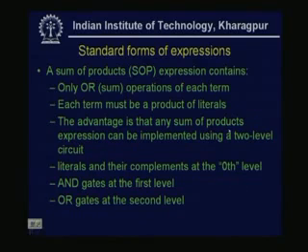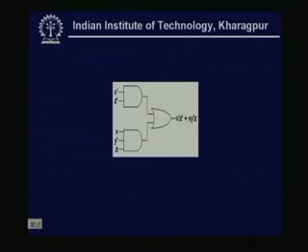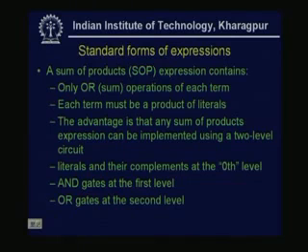The advantage is that a sum of product expression can always be implemented using a 2-level circuit. Just now we have seen one example. This is a standard form, a sum of product, X dash Z dash plus X Y dash Z. Always this can be represented by AND OR gates.